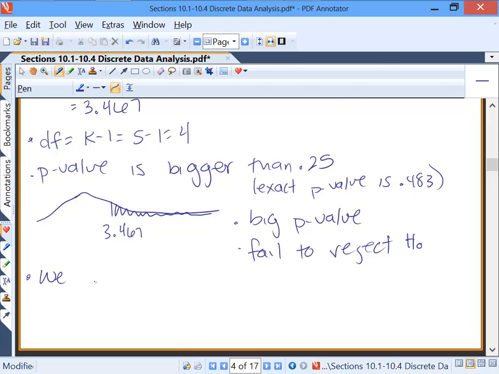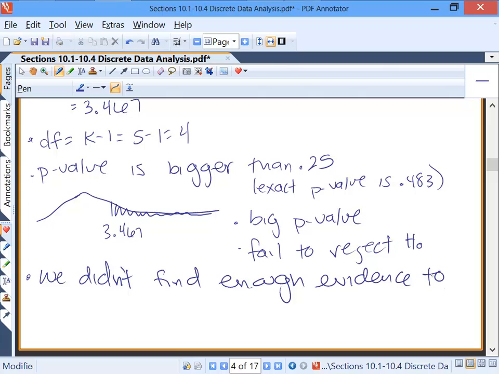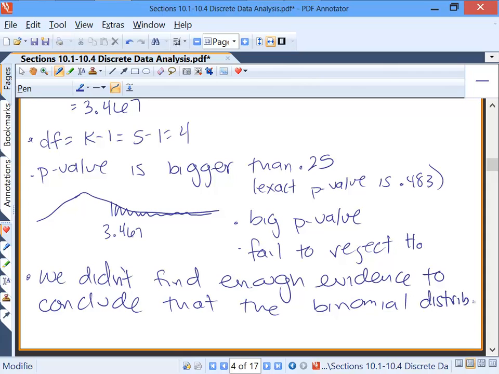So we didn't find enough evidence to conclude that the binomial distribution with n equals 4 and p equals 0.5 is not a good fit for the data.